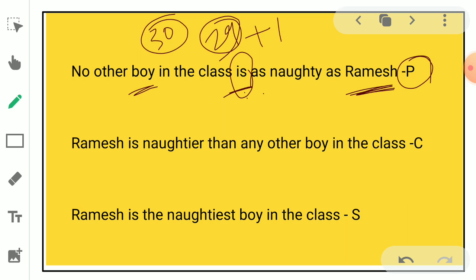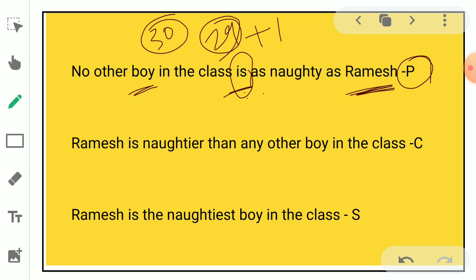So except Ramesh, there is no one as compared with Ramesh's naughty behavior.